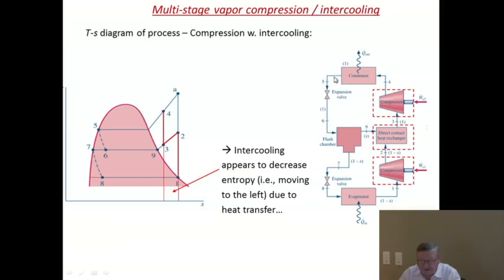You have the first expansion valve, 5 to 6, gets you here. The quality at 6 is what determines the fraction that goes here and the fraction that goes there. So 6 to 9 goes here, and 6 to 7 goes from the bottom of the flash chamber into the second expansion valve, where it gets made into a mixture, again, of liquid and vapor, but at a much lower temperature.